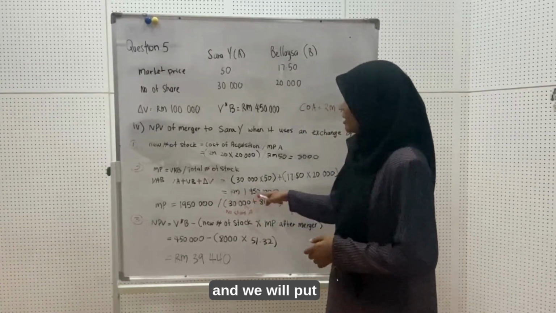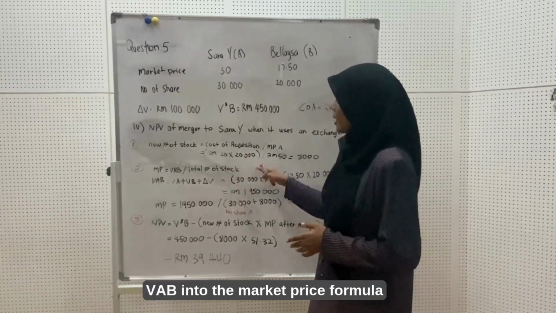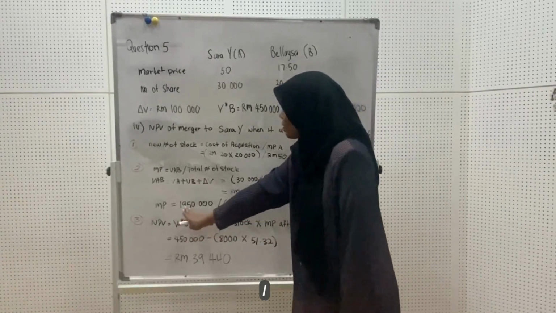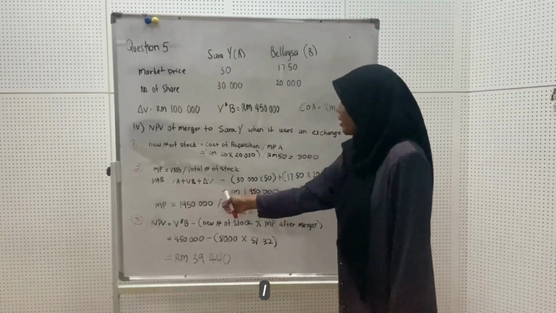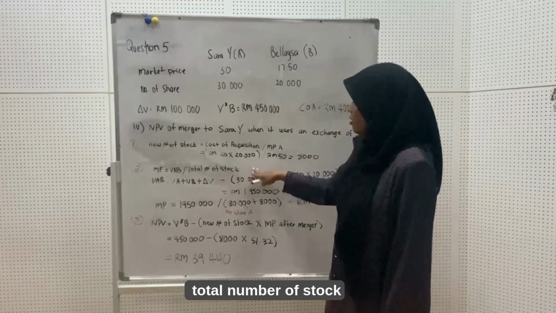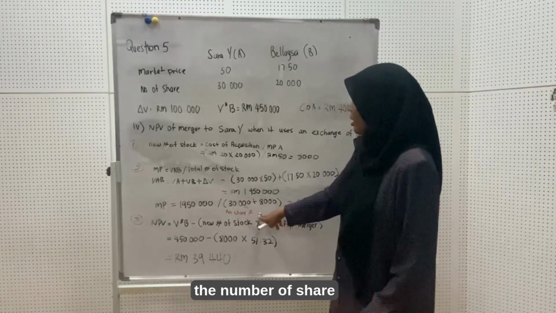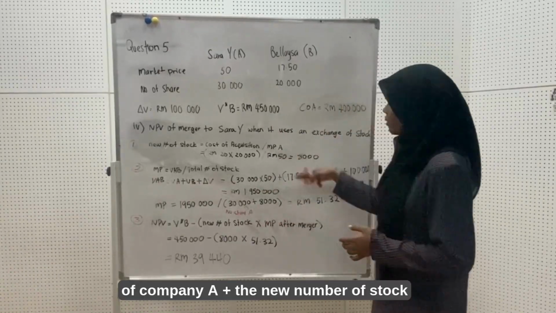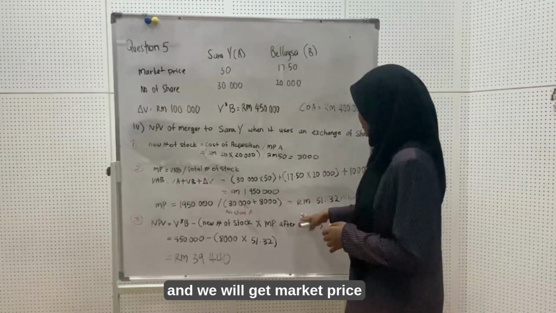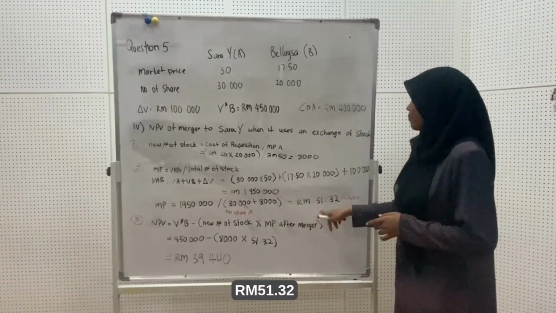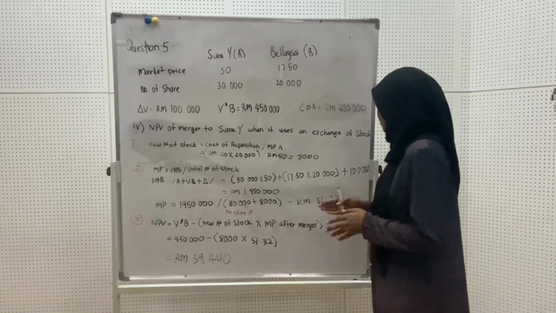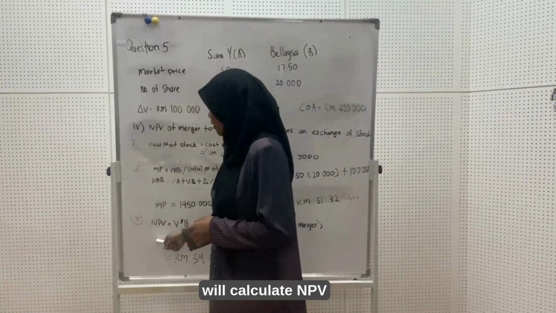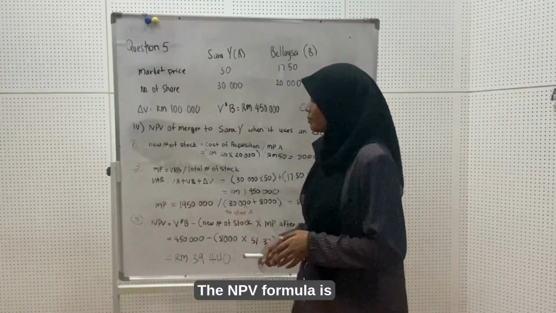And we will insert the VAB into the market price formula. That is 1,950,000 divided by the total number of stock, the number of shares of company A plus the new number of stock, and we will get the market price of RM51.32 per share. And lastly, we will calculate the NPV.